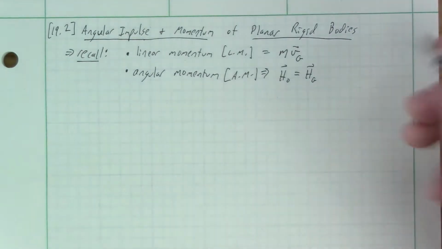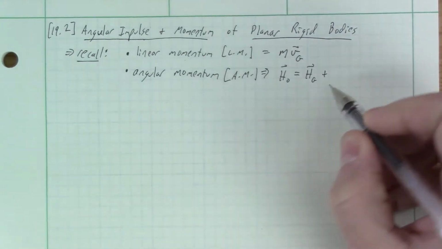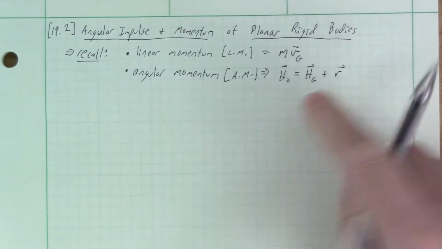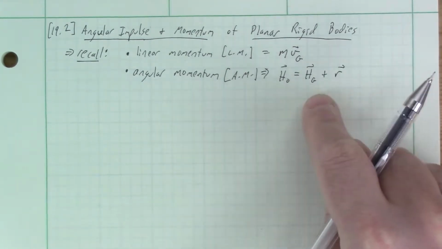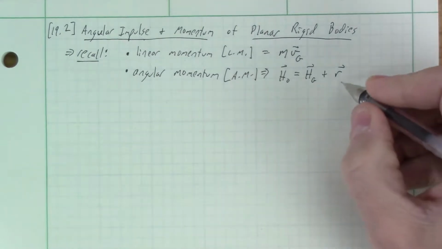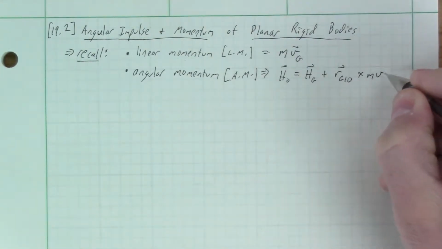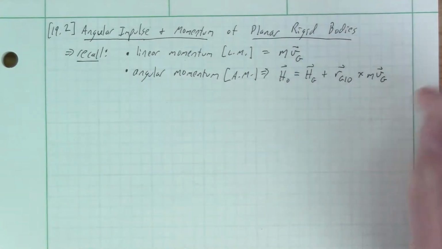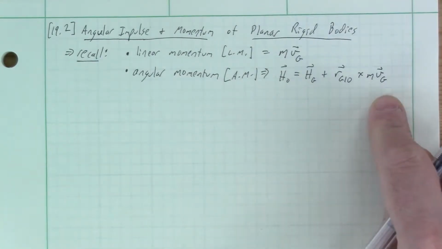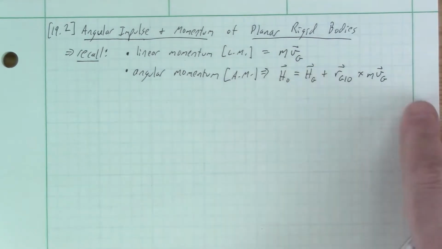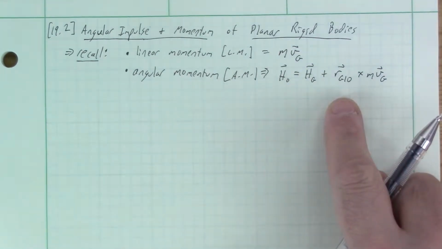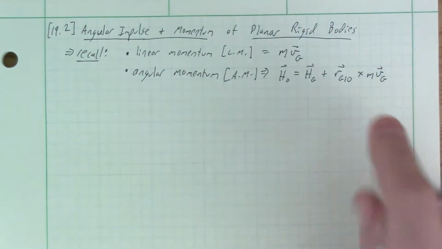Now we can relate it to the center of mass: the angular momentum about some point O is the angular momentum about the center of mass, plus the position vector crossed into the linear momentum. So it's the linear momentum of our center of mass with the position vector of G relative to O crossed into it.